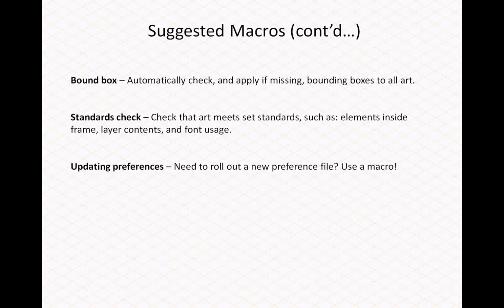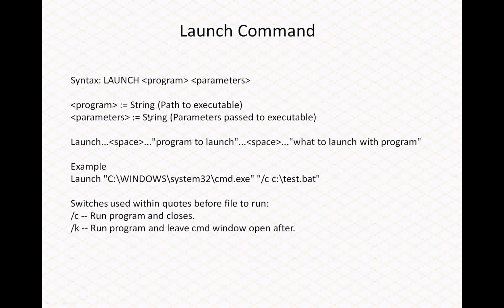But I throw this in. IsoDraw has some really good documentation on their macros, but this is one that we found that isn't actually documented. It's supposed to be at some point in the future, but it's the launch command. In 7.0 of IsoDraw, you couldn't make a PDF. You could export an EPS, which was great. You could use Distiller, but we were working with our illustrators who didn't want to learn how to do that.